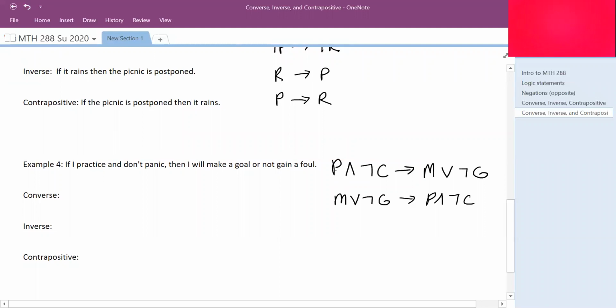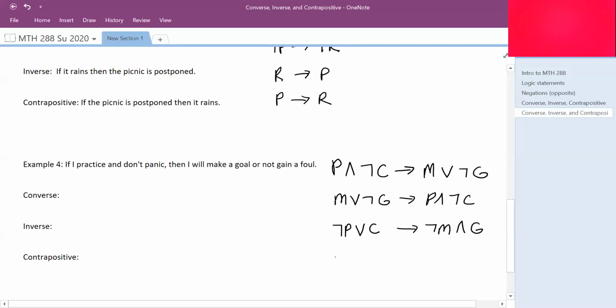Now for the inverse, we've got to do the opposite of P and not C. The opposite of P and not C is not P or C. So the opposite of P, the and changes to an or, and the not C becomes C. The M or not G becomes not M and G. The M becomes not M, the or changes to an and, the not G becomes G.